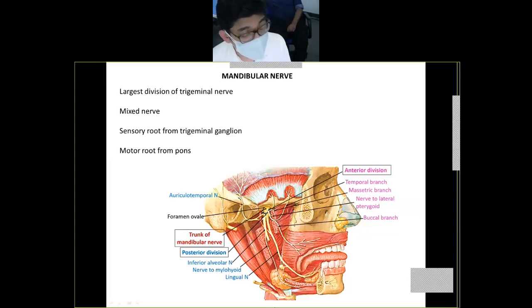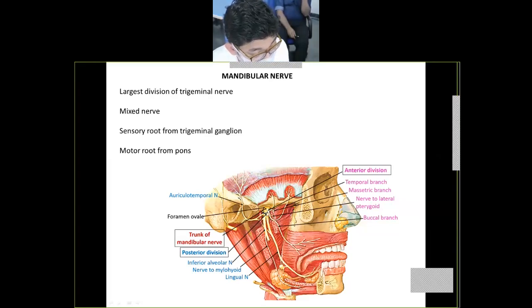They are structurally just attached to one of the divisions of the trigeminal nerve, but functionally they are related to 3, 7, 9. Third is oculomotor, seventh is facial, 9 is glossopharyngeal. But structurally, this mandibular nerve we are discussing here, the otic ganglion is attached to it, but only structurally.